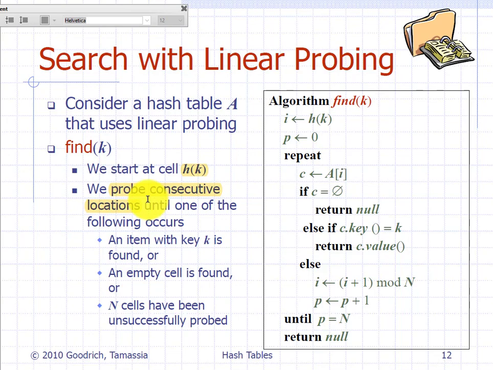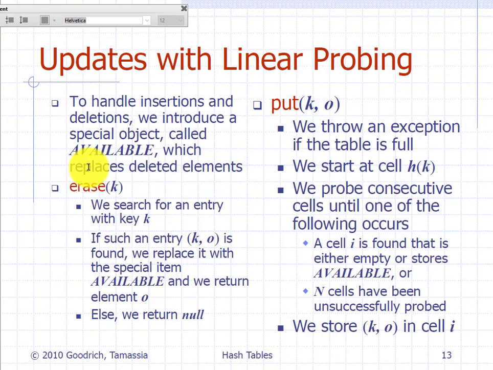On the other hand, we could have had a situation where an item was removed, and in that case, we do not replace the removed item with null. We replace it with a new kind of null called available.